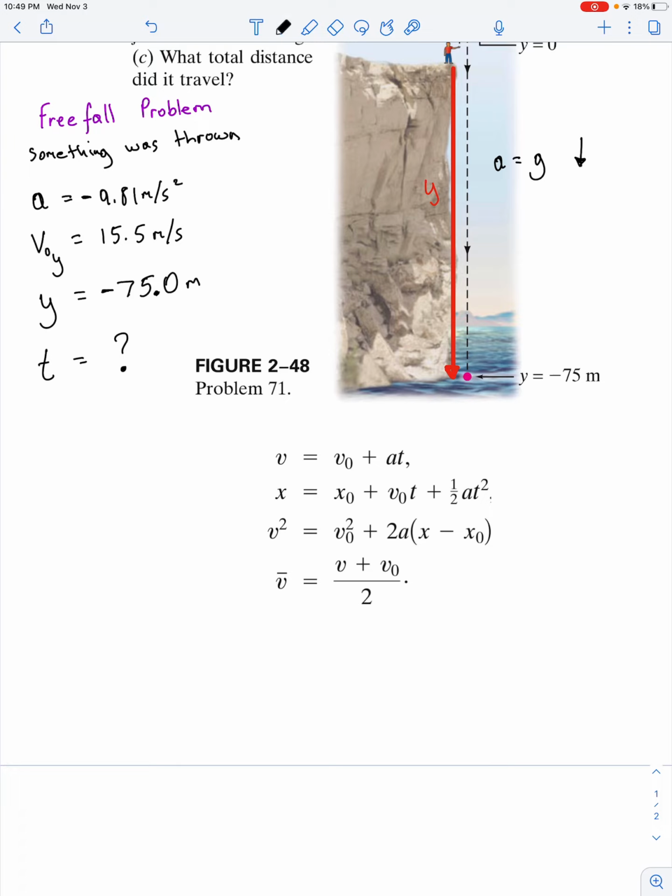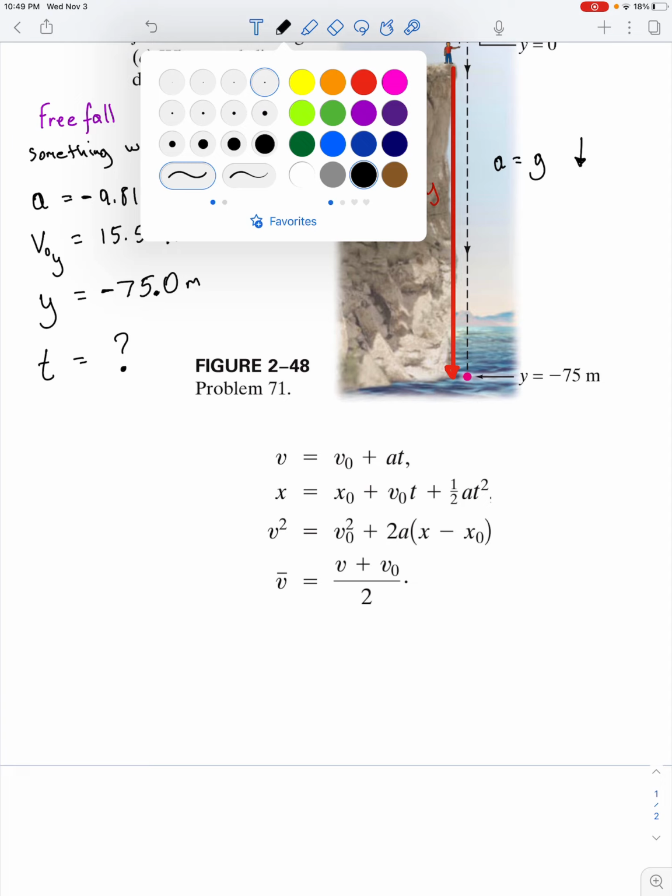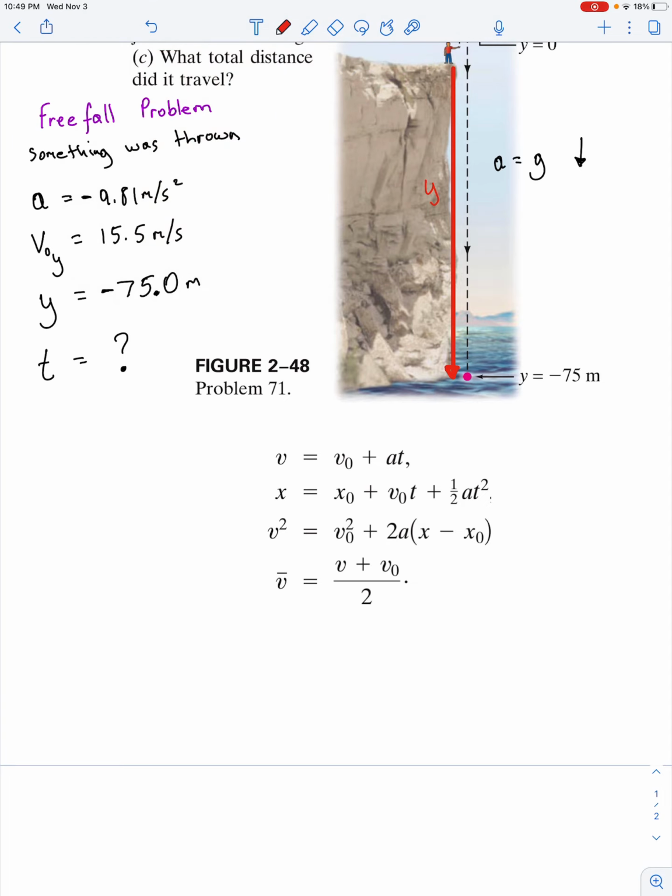I know some of you are thinking, oh, it's that one, and yes, you could do that. If you see it right off, go get it. But I like to keep it standard so that I can do the same thing every single time. I don't want to know how to solve this one only. I want to solve every single motion problem the same way every single time. That's the hack.